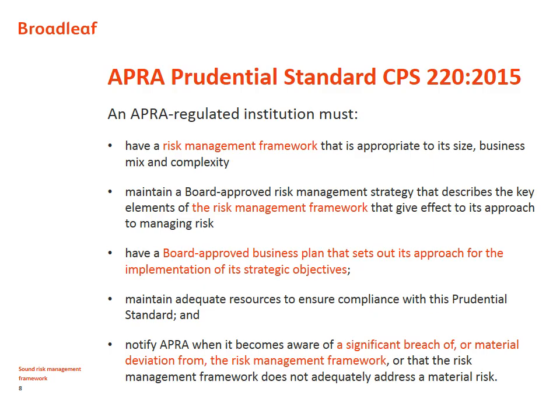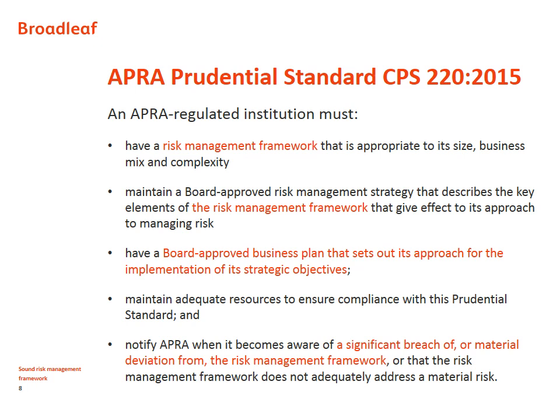The financial services sector regulator, APRA, has just released the final version of Prudential Standard CPS 220, and this contains similar requirements in relation to the provision of risk management frameworks. It says that APRA-regulated institutions must have a risk management framework that is appropriate for the organisation, and that the board should have a strategy that describes the risk management framework and how that will be implemented in the organisation.